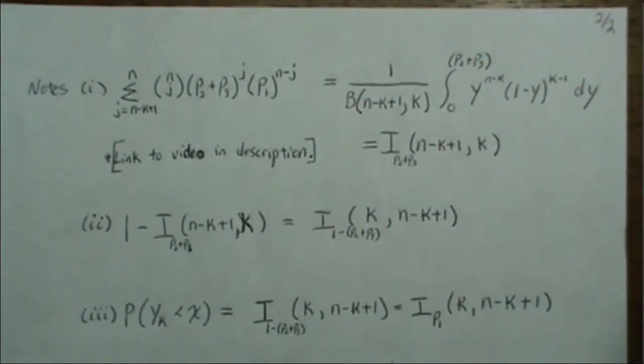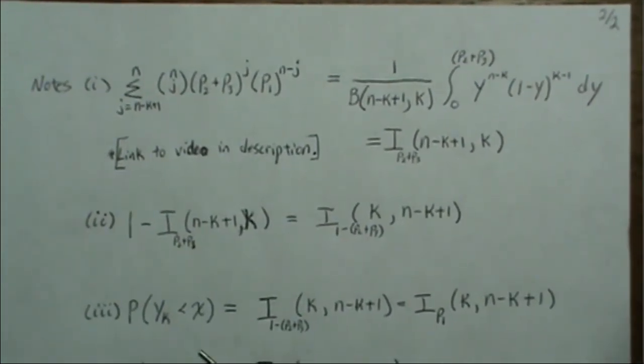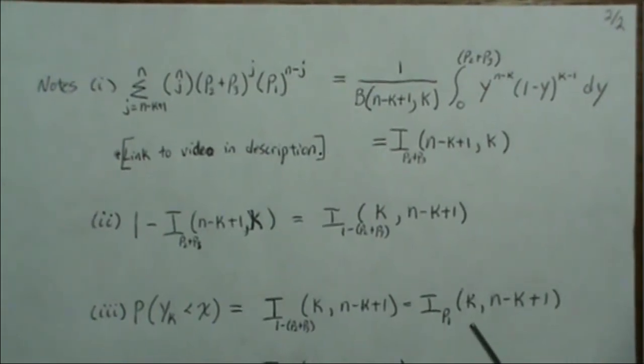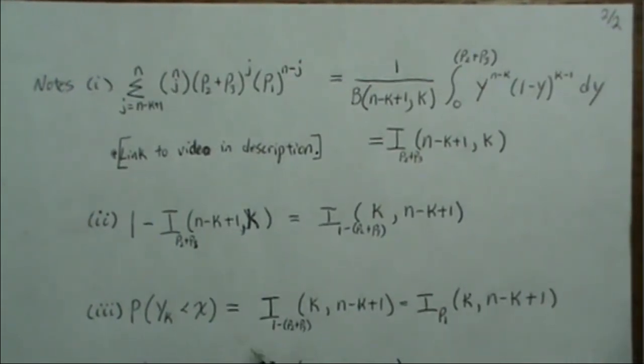And the reason that is appropriate is the probability that we're strictly less than x, Yk is less than x, is the sum from 0 to n minus k, which is this incomplete beta, where the 1 minus P2, P3 is just P1. And that's the CDF function of a beta in R. So that is very fast to calculate.